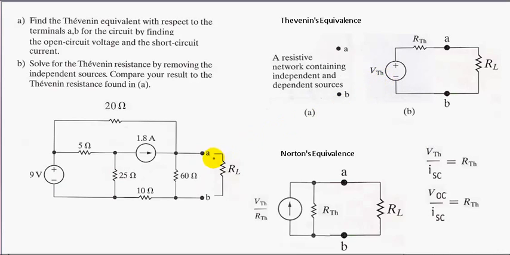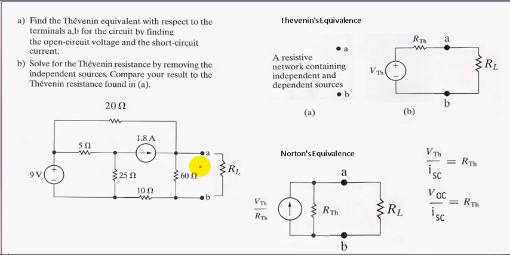What you do is cut the circuit at 2 points, points A and B, remove your load from the circuit you want to simplify, and find the V open circuit, your voltage across points A and B. We call it V open circuit because it's open, right?